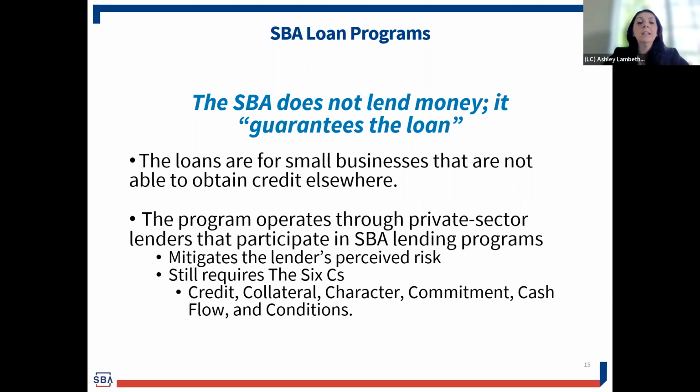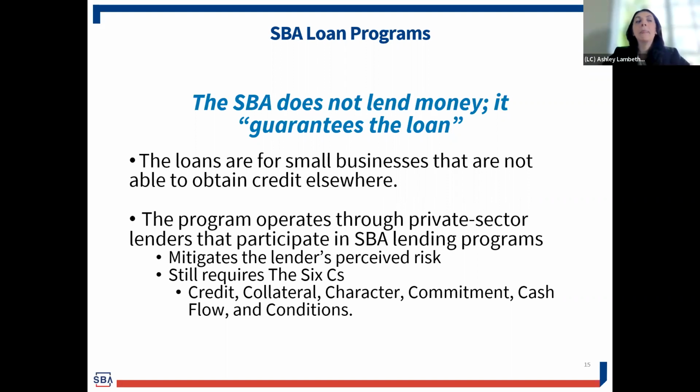The reason why these programs were put into place is that they're there to help small businesses that may not traditionally qualify for regular or traditional bank loans. One of the factors is that you must be able to prove that you aren't able to obtain credit elsewhere, or the amount that you need elsewhere.